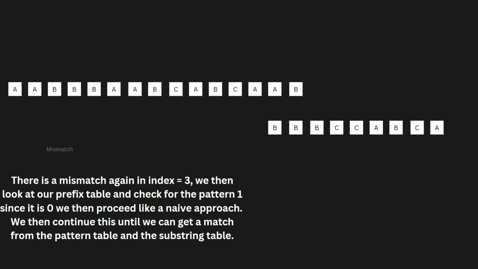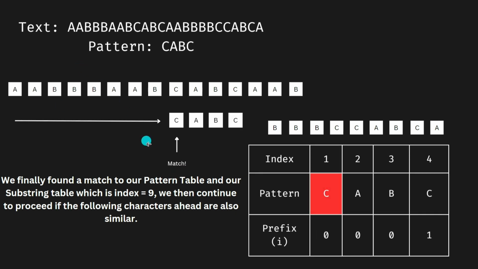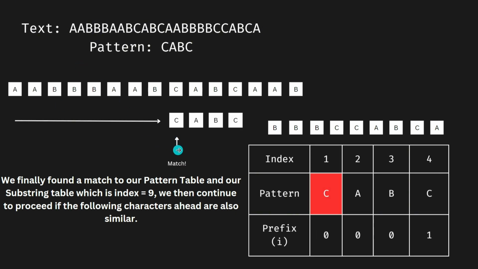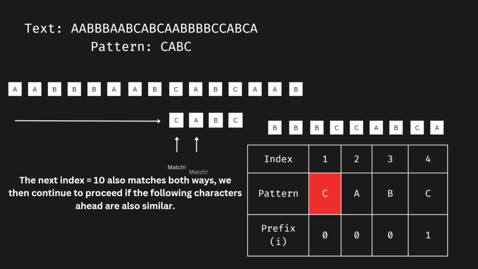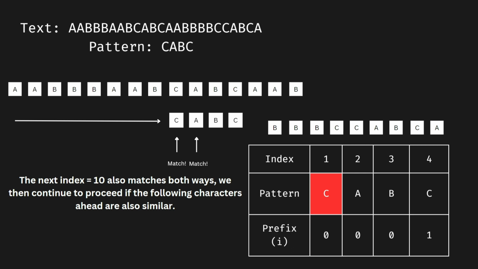After doing all of that, we have finally found our first match, which is at index 9, which matches our pattern, CABC. We then continue to check if the following characters ahead are also similar. Index 10 is a match again.